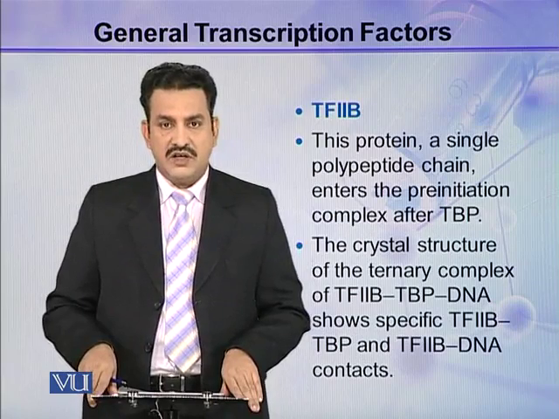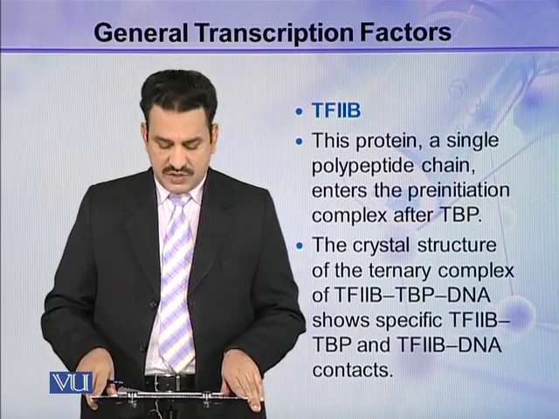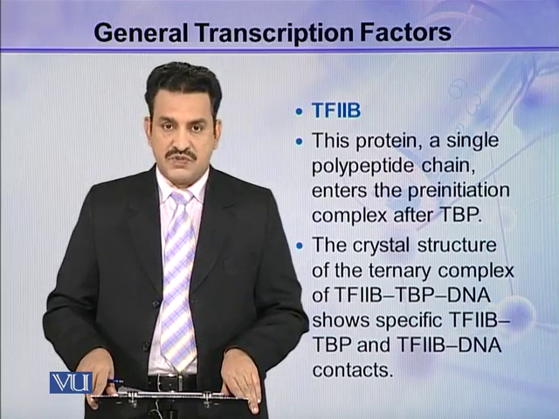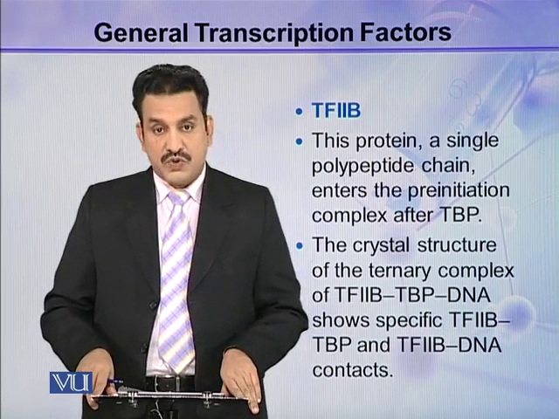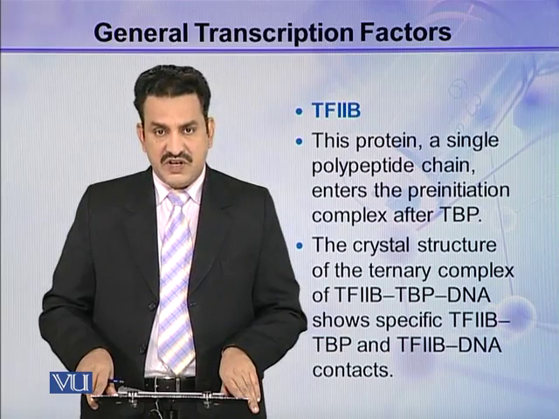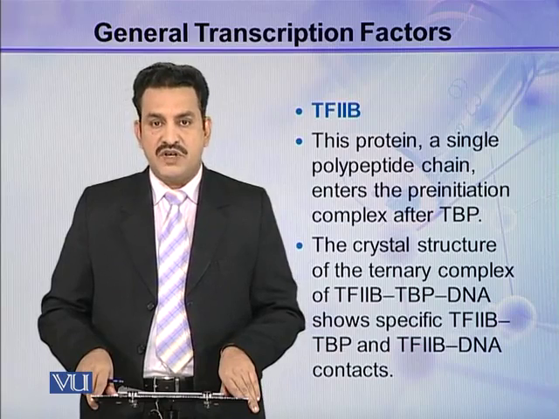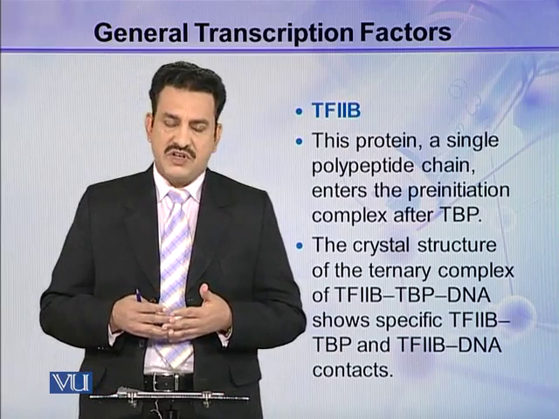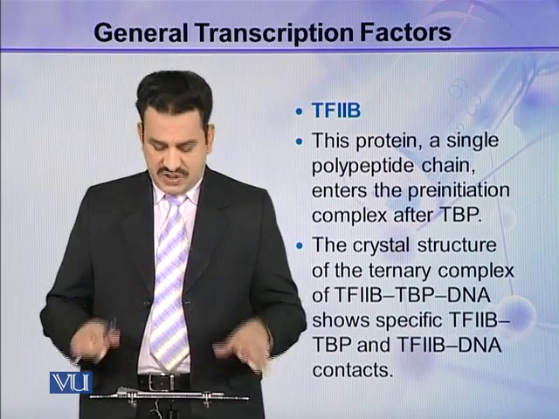The second type of transcription factor is TF2B, that is transcription factor 2B. This protein, which is a single polypeptide chain, enters the pre-initiation complex after TBP. So after TBP enters the pre-initiation complex, this protein enters then.